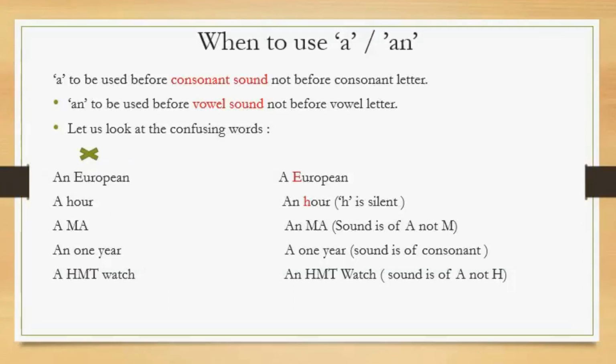Let us look at the following confusing words. Most of the students make these errors. So let's have a look. An European. Just because E is found in this word, we should not use an, because it is not the sound of E we hear, we hear the sound of U. If you look at the right side, it is not the sound of E, we hear the sound of U. So it is a European.